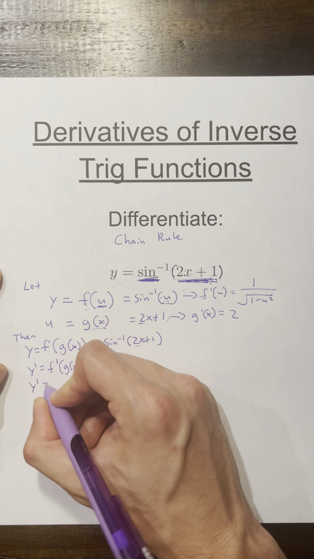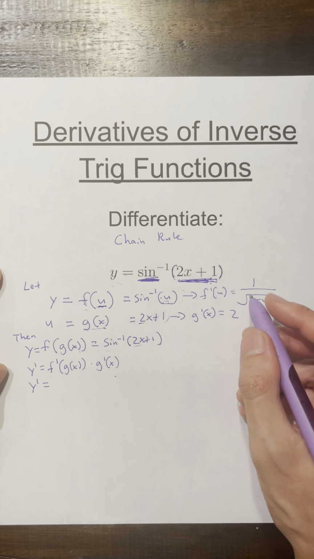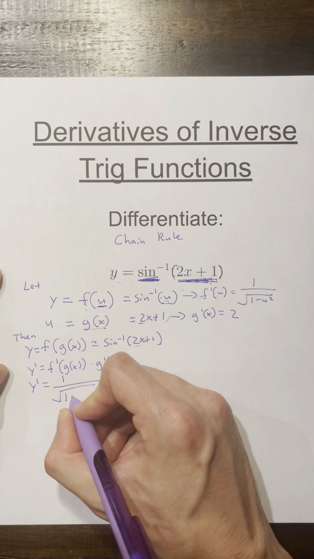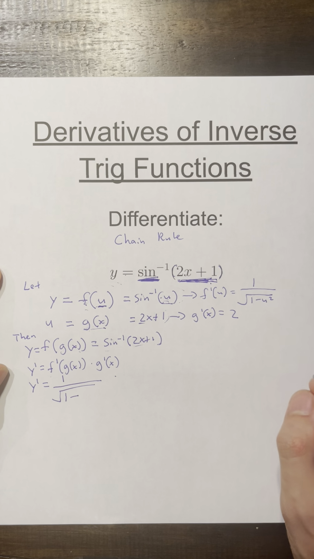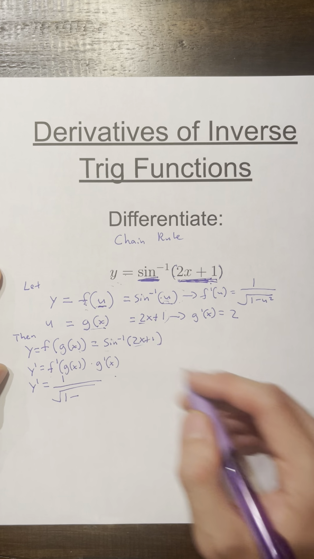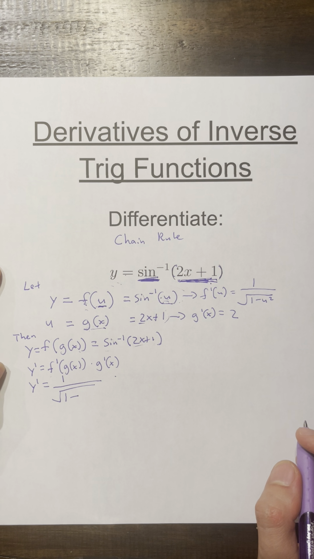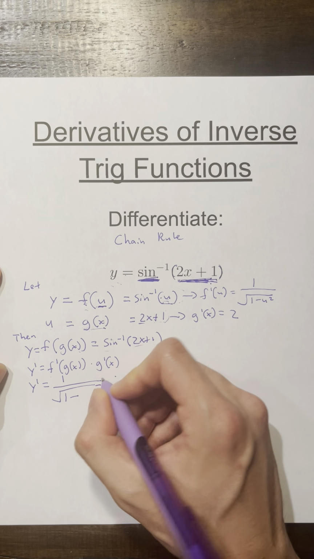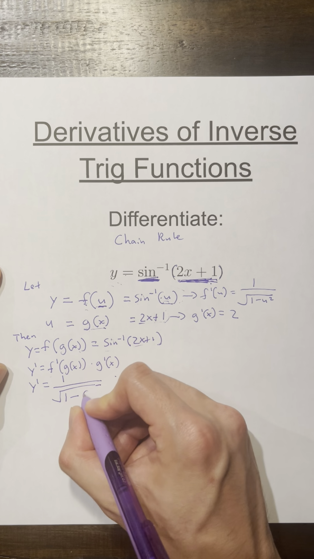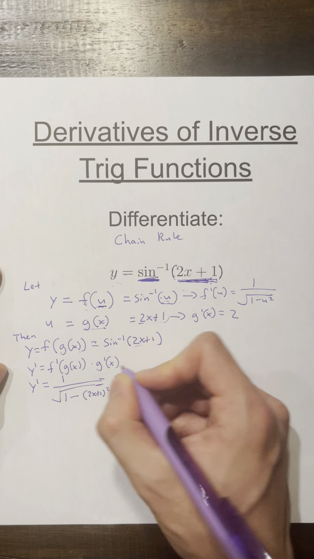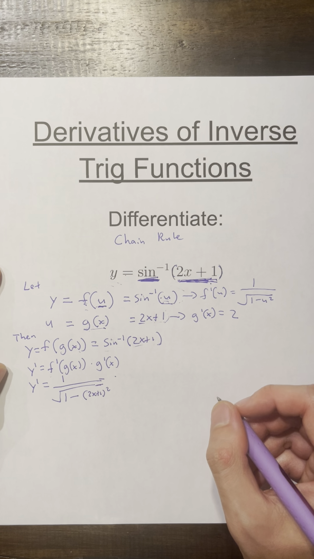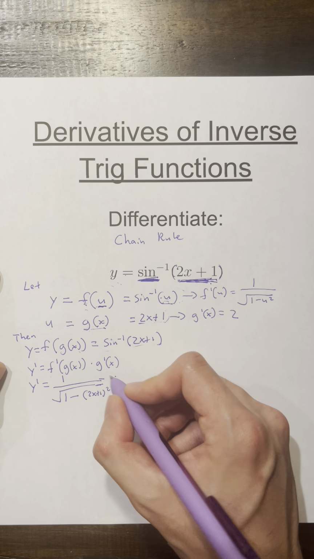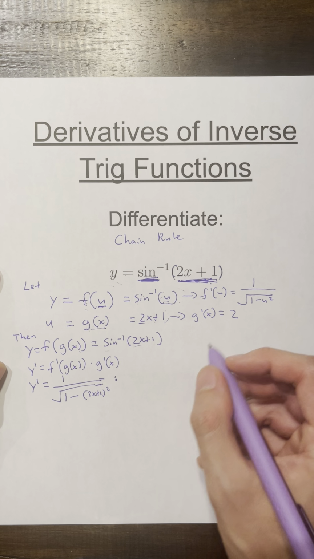All right, y prime is equal to f prime. So 1 over square root of 1 minus u squared. And u was what again? 2x plus 1. So u squared would be 2x plus 1 squared. Okay. And then it's going to be times g prime of x.